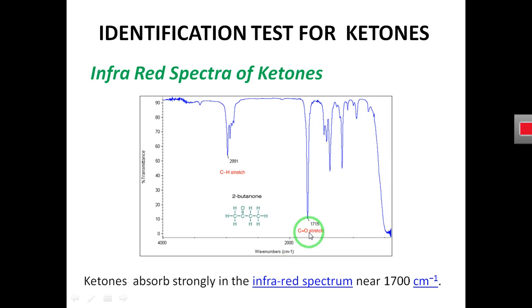We already know at what wavelength we will have an amine group, at what wavelength we will have a ketone group, and at what wavelength we will have another organic group.